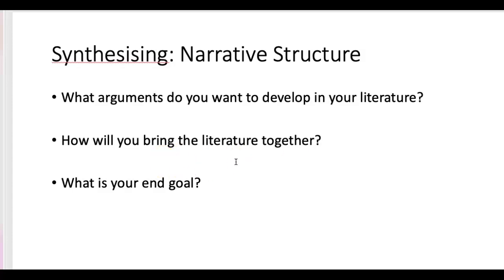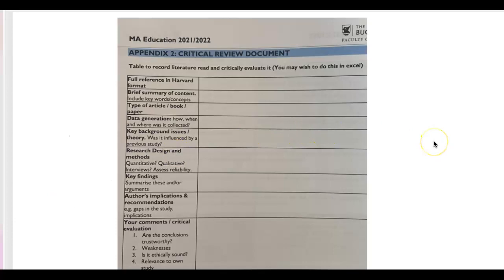So do you get this idea that your literature review is not therefore just going to be, I'm going to give you a whole list of things on this particular area. It has to be themed and it has to tell a story, okay? Now that's quite complicated, isn't it? In your book, it recommends that you do this critical review document.